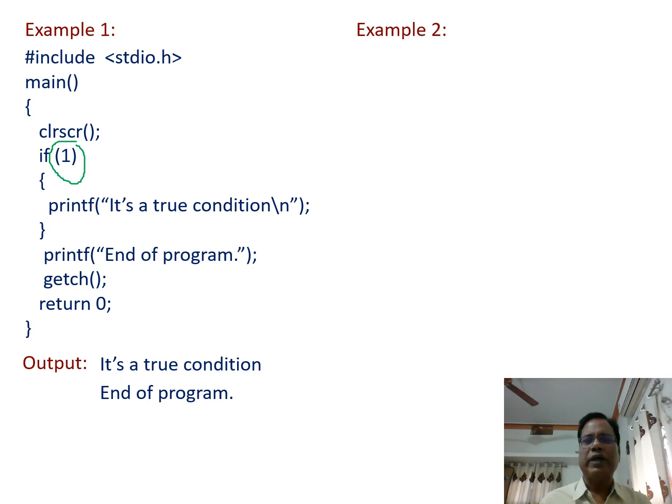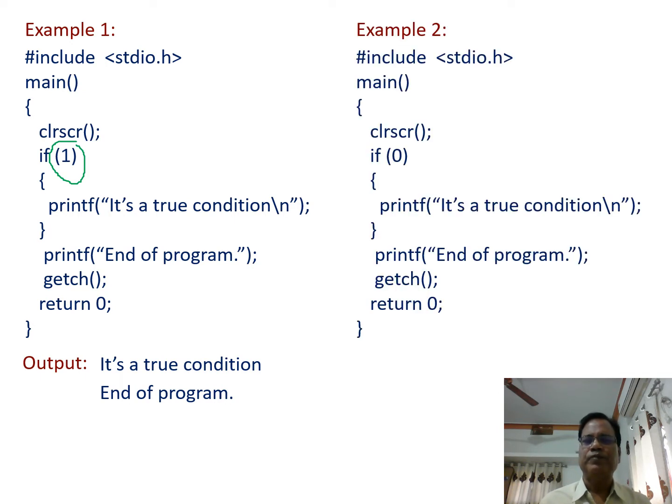Now let us take another example. In this example, we find that the condition in the open and close parentheses is 0, and when it is 0, this is taken as a false condition.